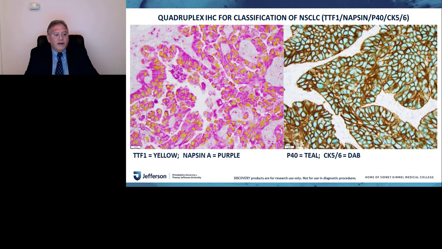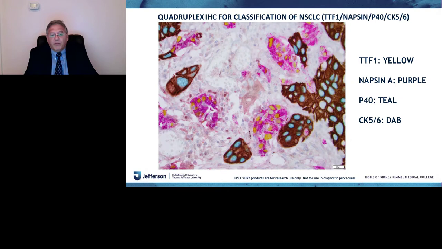We achieved very nice data, and you see here on the left-hand side the adenocarcinomas, on the right-hand side the squamous cell carcinomas, and this is an example of a case that had adenosquamous, adenocarcinoma and squamous cell carcinoma together, clear-cut and very easily identifiable with 4 markers at the same time.